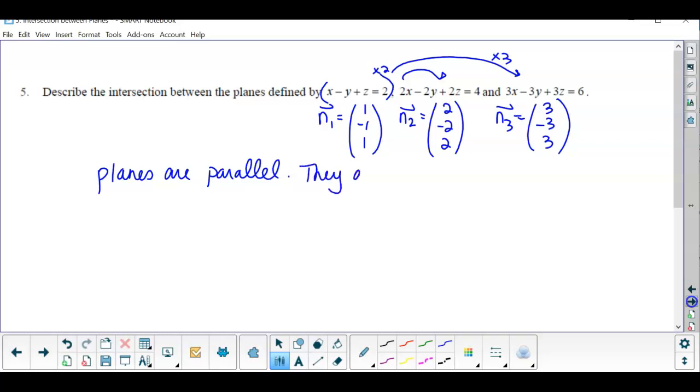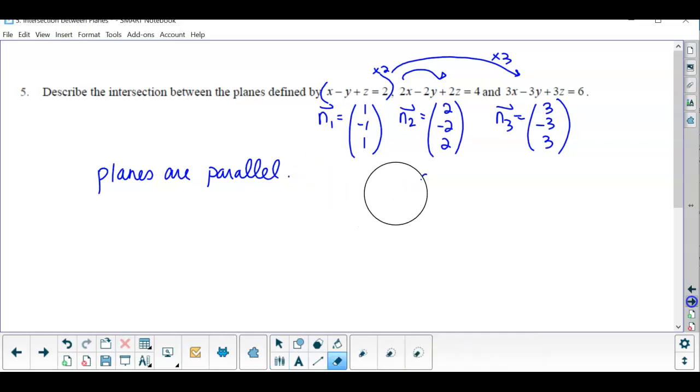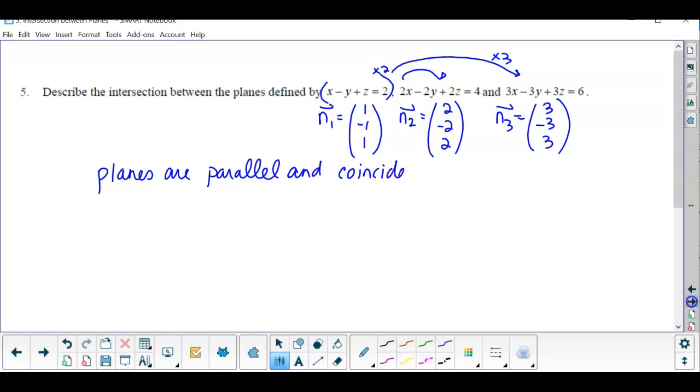They are parallel. Actually, I'll just review. I'll get back to it. Planes are parallel and coincident. I'll call this point 1, 2.